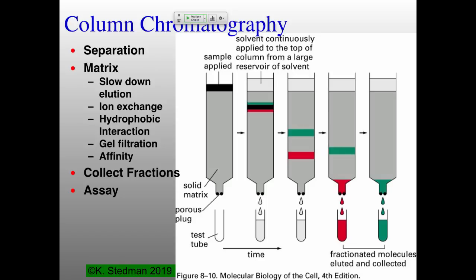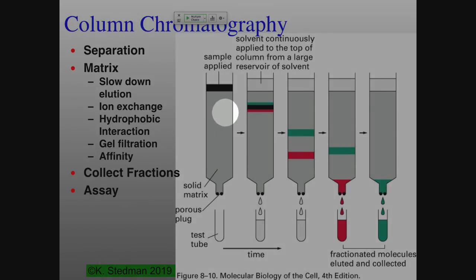So separation based on size, separation based on density. How else can we separate proteins? Well, we can separate them based on other kinds of characteristics, particularly the outside of the protein. The way this is done is almost always on a column, and again, I should have brought some props for this lecture.